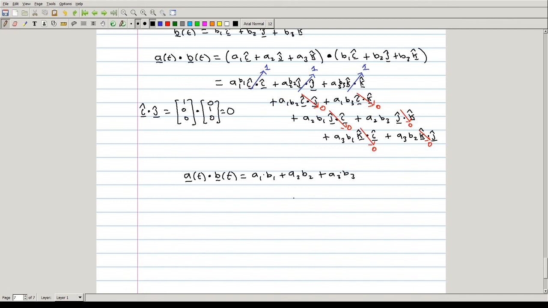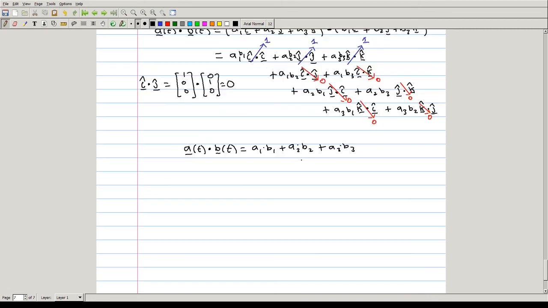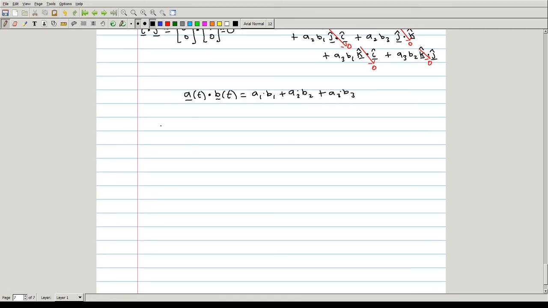And this should give you a hint of where we're going here when we take the derivative of this general dot product. This means that the derivative of the dot product of two parametric functions is going to be the same thing as the derivative of the sum of the multiplication of the component functions.